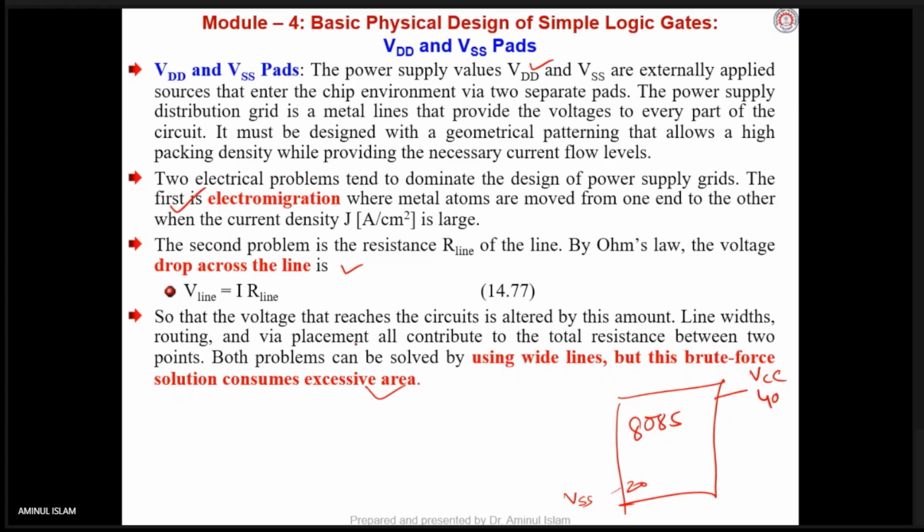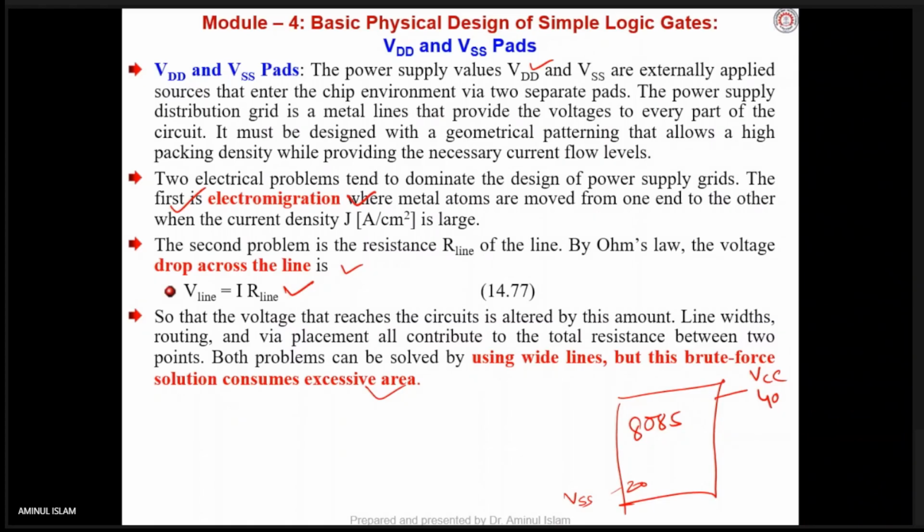There are two problems in making the interconnects for the supply line and ground line. One is electromigration, the other one is IR drop. You know that voltage drop occurs because every line has resistance. So when current flows through it, there will be a voltage drop. At one end, some voltage, and at the other end of the long line, there will be less voltage because of this drop.